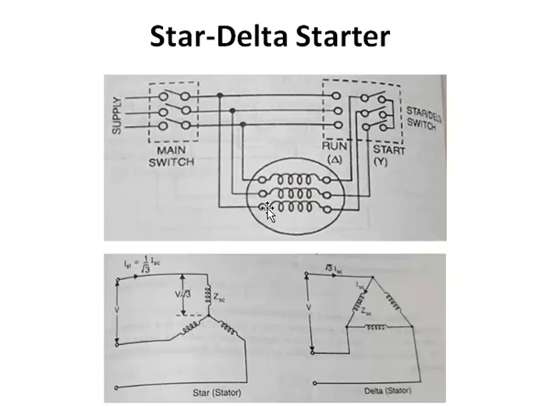Now once the machine starts running, this particular switch is thrown on this side, which is run. So this is during starting. Once it picks up the speed, the switch is put onto this side. When the switch is put onto this side, the three phases of the winding get connected in a delta. You can trace that.